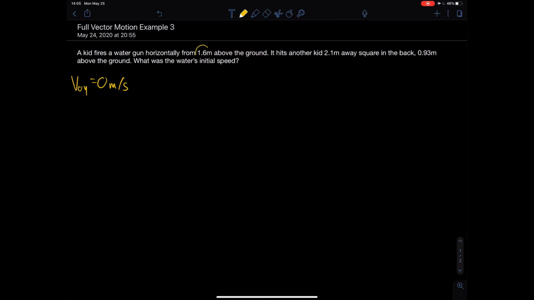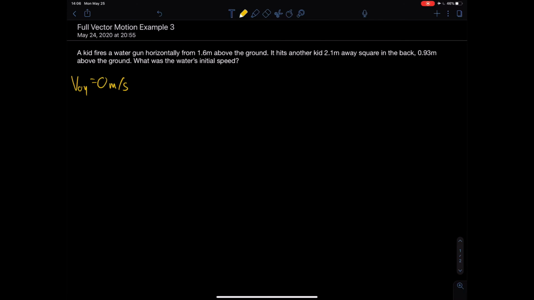It would be tempting to just use this 1.6 meters and say that our initial position in the y direction was 1.6 meters. But this is a problem about projectile motion. The water coming out of the water gun can be thought of as a projectile. And if we want to make use of our projectile trajectory equation, we have to start at the origin.